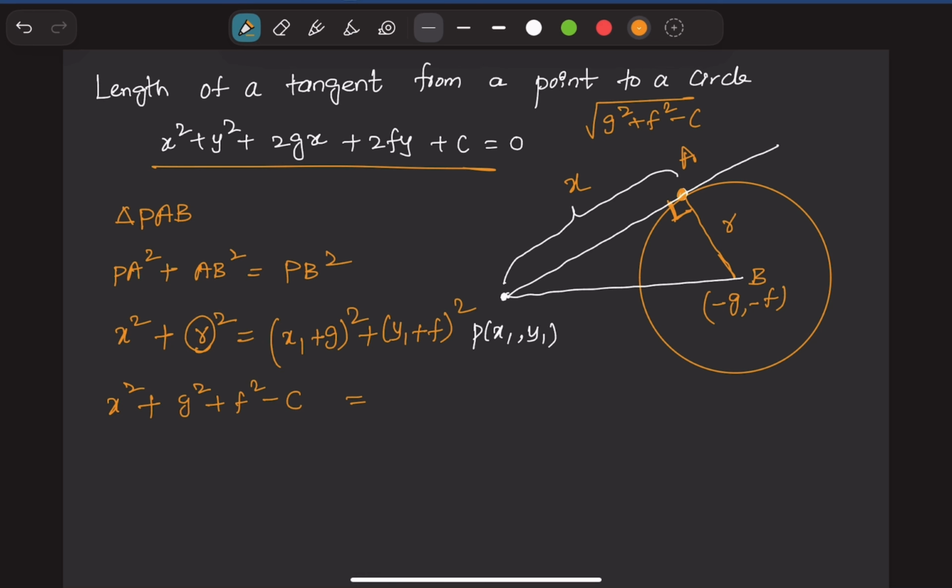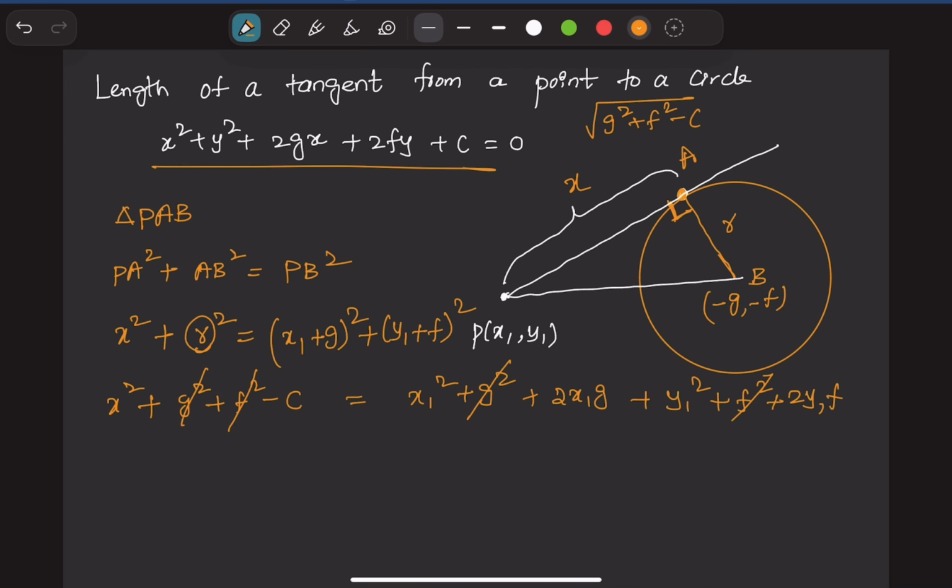The right hand side will be x1 square plus g square plus 2x1g plus y1 square plus f square plus 2y1f. Now g square and g square will get cancelled. f square and f square will get cancelled.